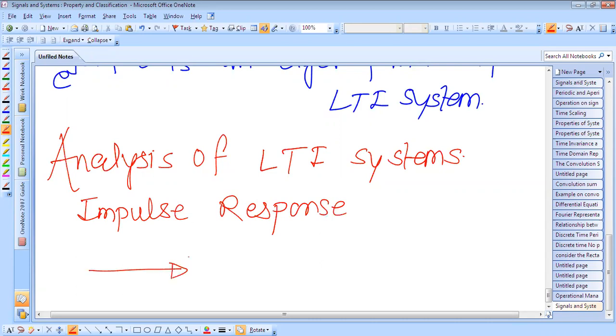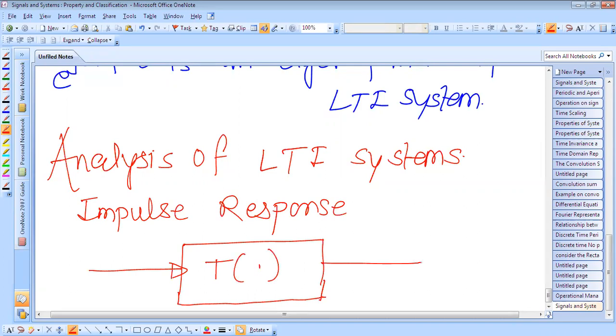For getting the impulse response, we should apply the impulse input to the system. This is the system having some transfer function. The output of this system will be the impulse response if you apply the impulse input to the system.